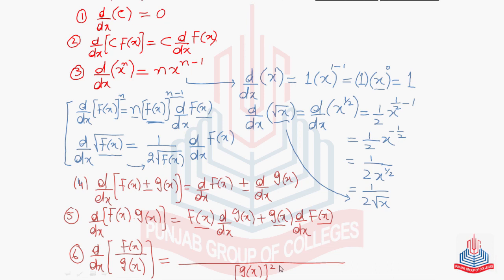In the numerator, g(x) will remain the same and the derivative will apply on f(x), minus f(x) will remain the same and the derivative will apply on g(x). So d by dx of g(x). So these are our 6 theorems or 6 results.